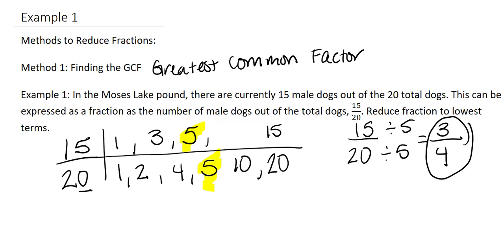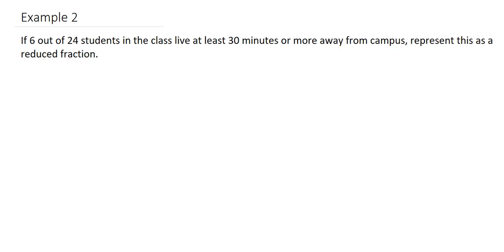So let's look at another example now. Example 2. If 6 out of the 24 students in the class live at least 30 minutes or more away from campus, represent this as a reduced fraction. Well, we would say the part out of the whole, so it's 6 out of 24. Now, 6 out of 24 can be reduced, and we're going to use the greatest common factor to reduce this one.